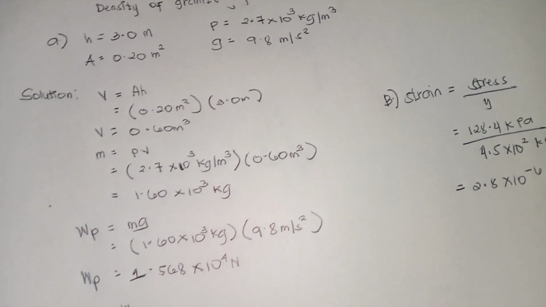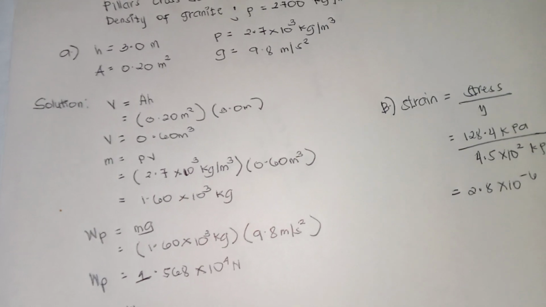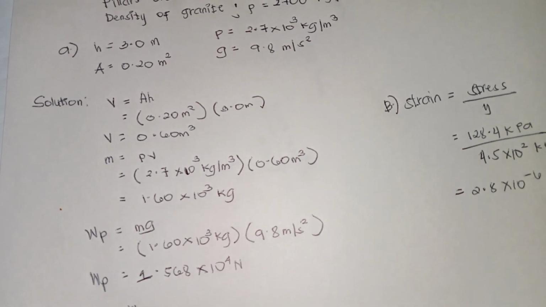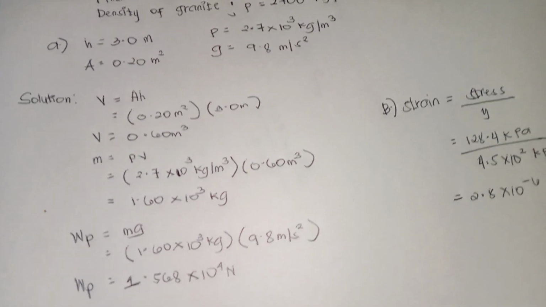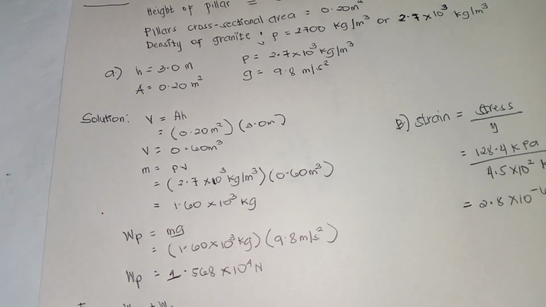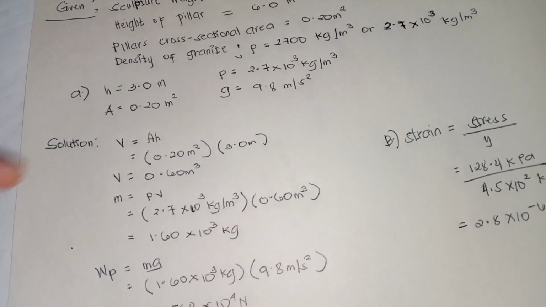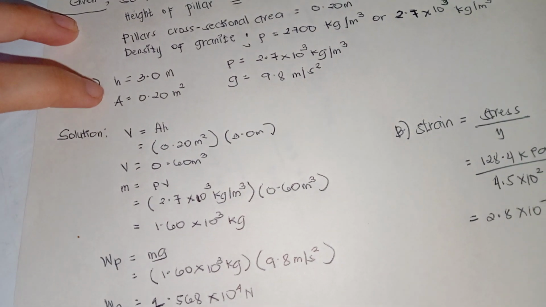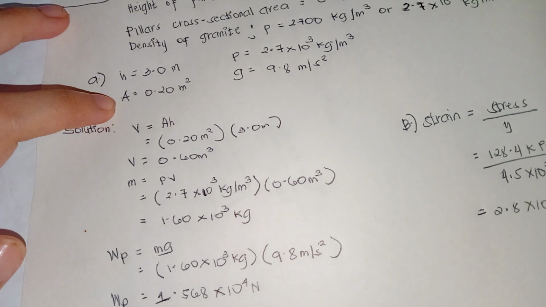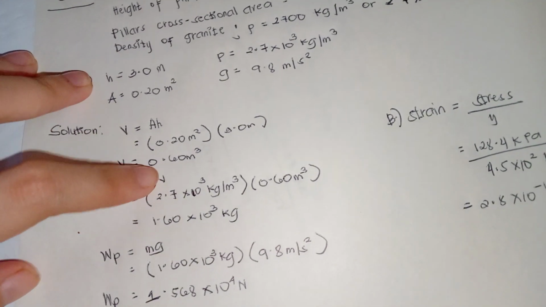So, the pillar's cross-sectional area times the height, 3.0 meters, and the 0.20 meters squared.